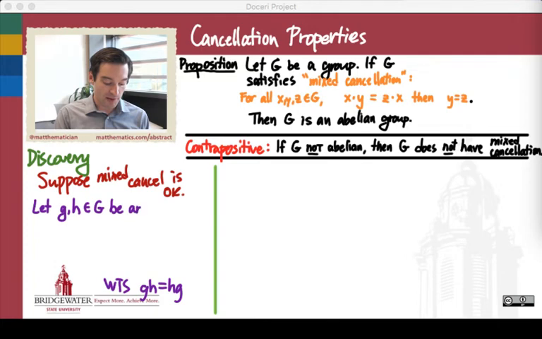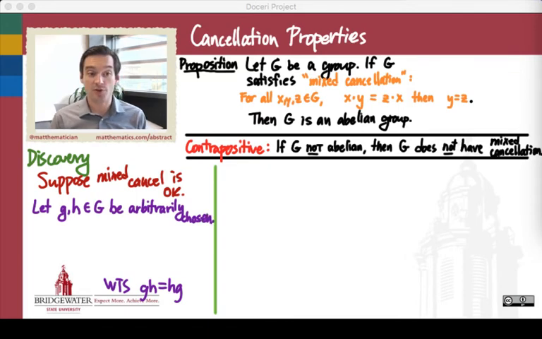Because when we prove a universal statement, as the name suggests, it has to hold for arbitrarily chosen elements G and H. It has to hold for all G and H that the universe could choose. So we don't get to choose these elements or construct them the way that we did in the previous proof. So we want to show GH is equal to HG using this mixed cancellation property.